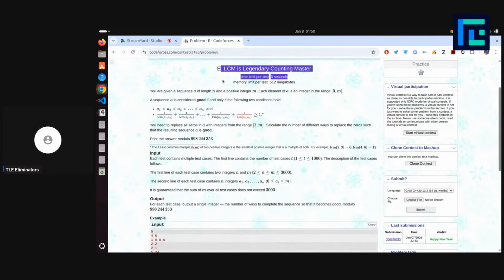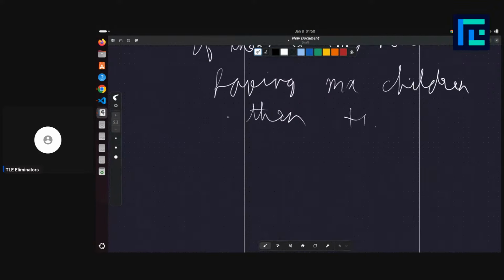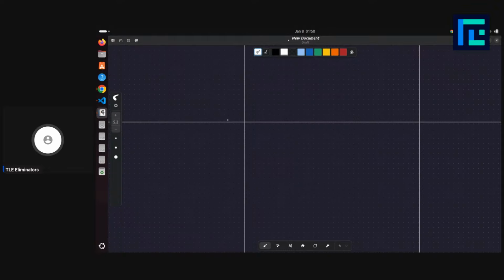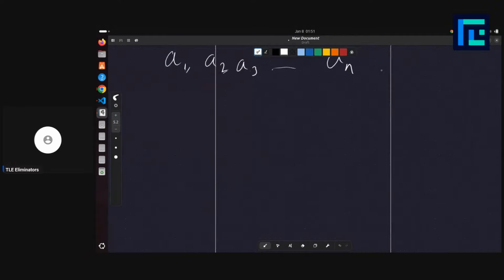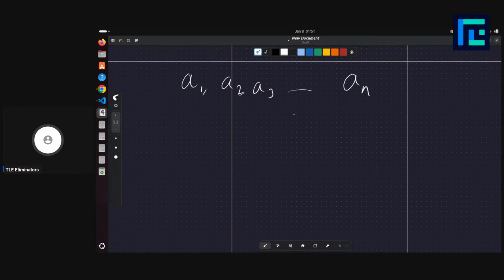So yeah, what I'm saying is this problem is that they are saying that an array A given, let's say A1, A2, A3 up to AN, is good if they are all positive integers, like AI greater than equal to 1, and A1 less than A2 less than A3 up to less than AN, like it has to be increasing, one condition.